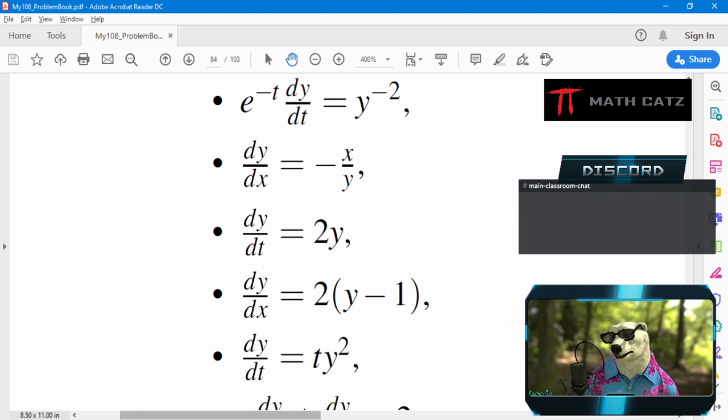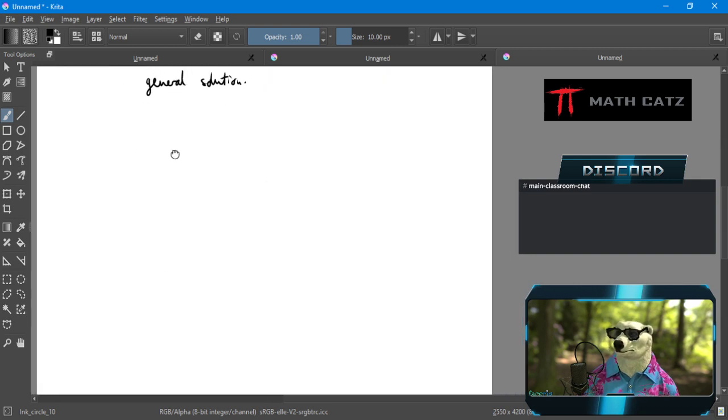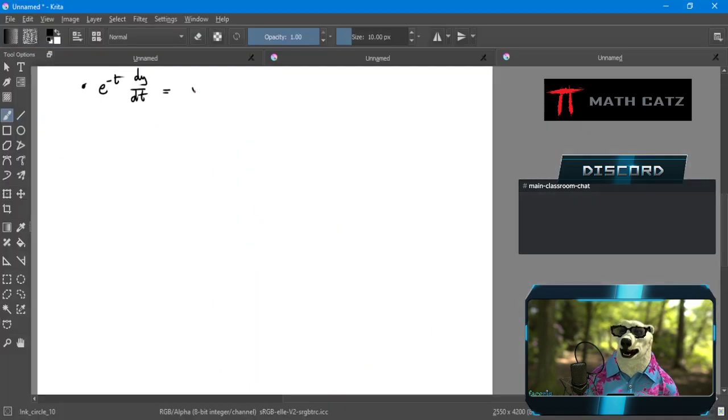It looks a little bit more interesting, though we'll soon see that in the end, the separation of variables method is very similar every time. e to the negative t dy/dt equals, and what's next? y to the negative 2.